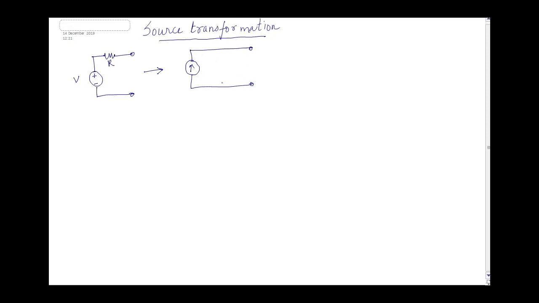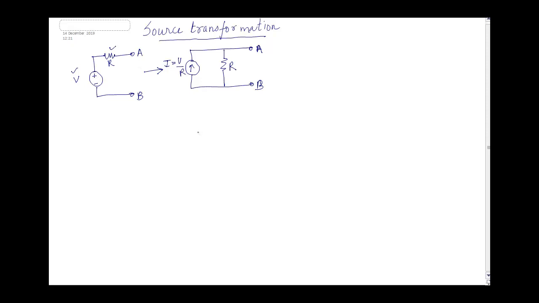The same terminal AB is preserved, but the circuit undergoes a change, and we now have the resistance in parallel, and the current source will have a value of current I, which is given by the voltage that we have seen here divided by the resistance that we have seen here.